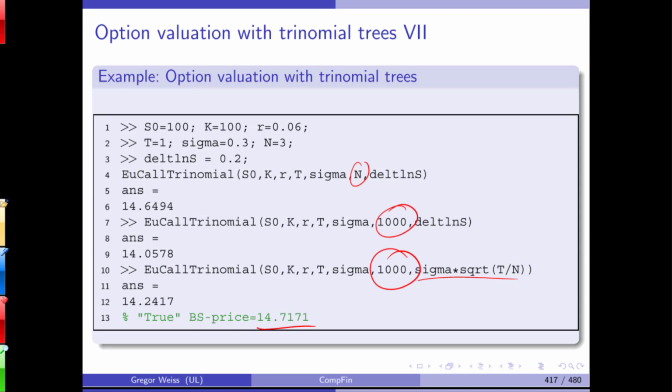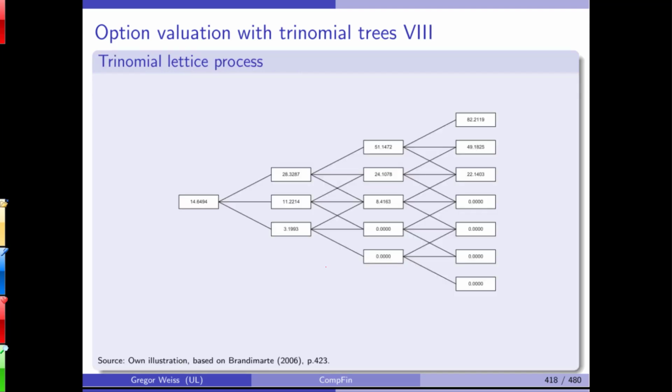And this makes it more flexible, and we can cut down on the number of discretization steps to get a pretty good approximation to the Black-Scholes price. So this is the binomial model. And it looks like this here for the option. And we get 14.65 at the end.